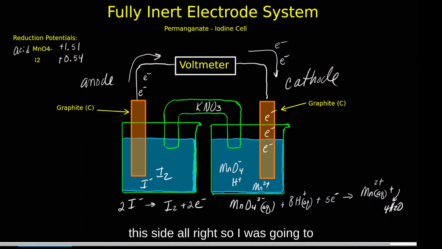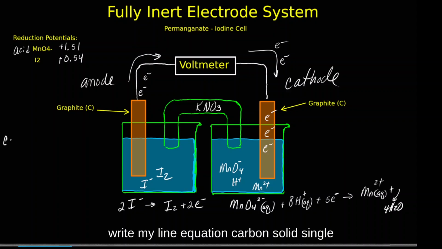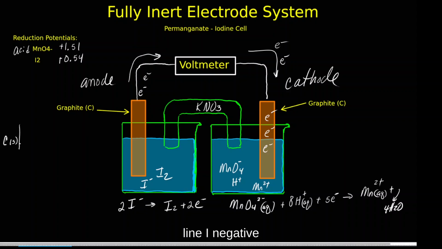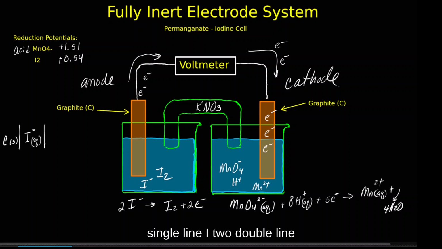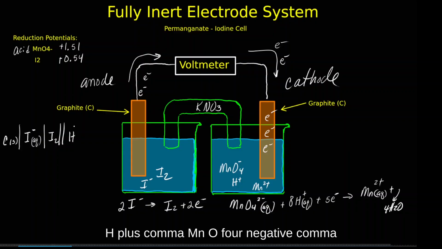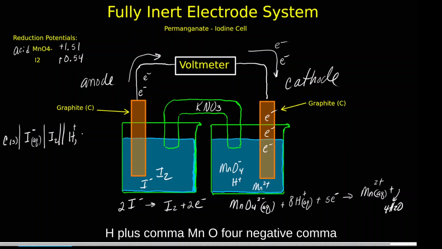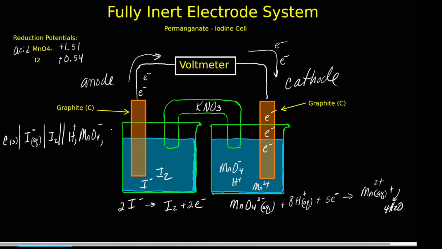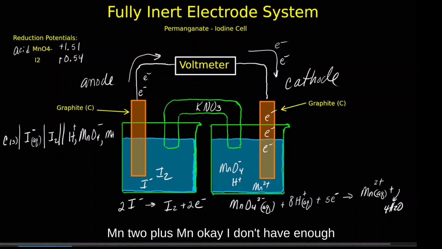All right, so if I was going to write my line notation: carbon, solid, single line, I negative, single line, I2, double line, H plus, comma, MnO4 negative, comma, Mn2 plus.